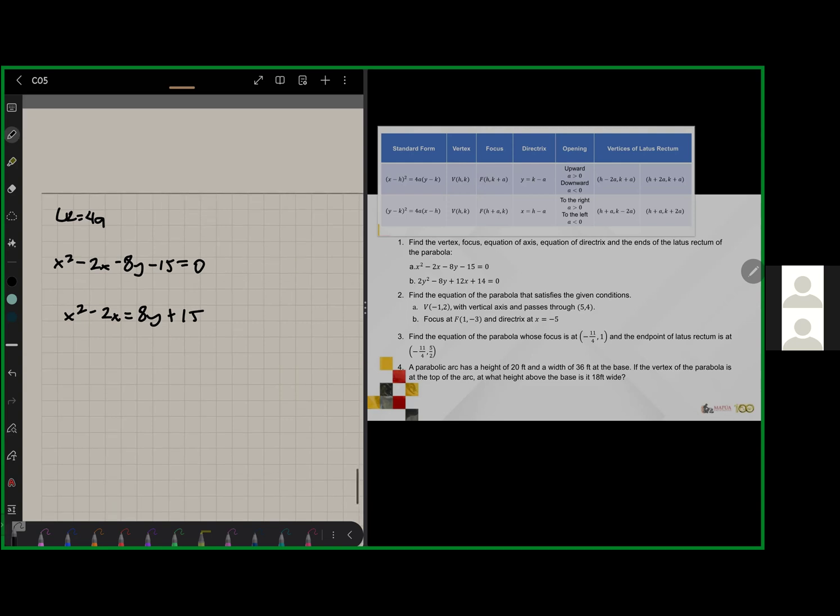First, we have to complete the square on the left side of our equation. We have x squared minus 2x. Negative 2 divided by 2 is equal to negative 1. Getting the square of negative 1, we get plus 1, is equal to 8y plus 15. If we added 1 on the left side of the equation, we also have to add 1 on the right side, giving us x minus 1 squared is equal to 8y plus 16.